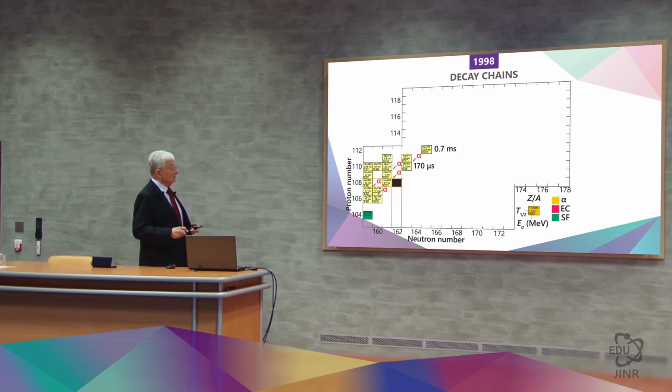This is because they are located near a closed shell of 108 protons and a closed shell of 160 neutrons. This is the so-called deformed nucleus, a deformed shell. These nuclei are not spherical but deformed. They exist but have very short lifetimes.